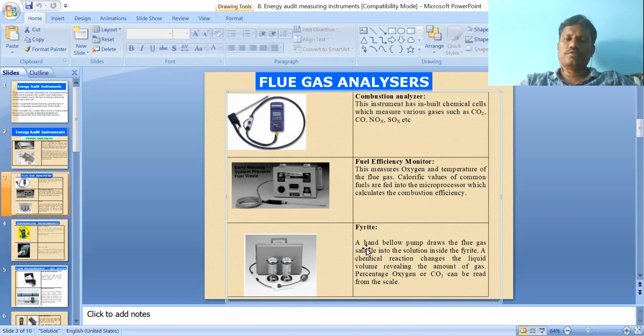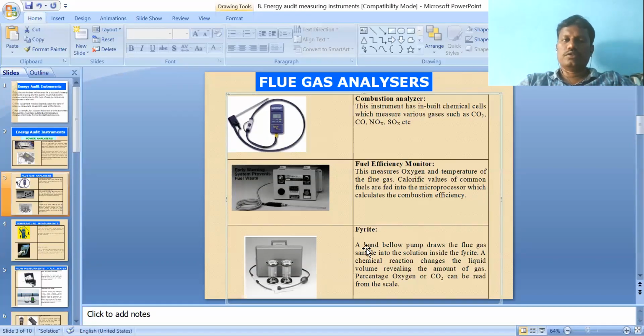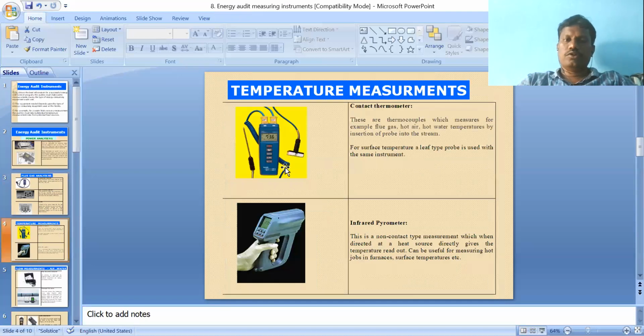Fuel efficiency monitor and pyrometer also. These are the energy measuring instruments. And one more is temperature measuring instruments, that is the contact thermometer and infrared pyrometer. We know this.